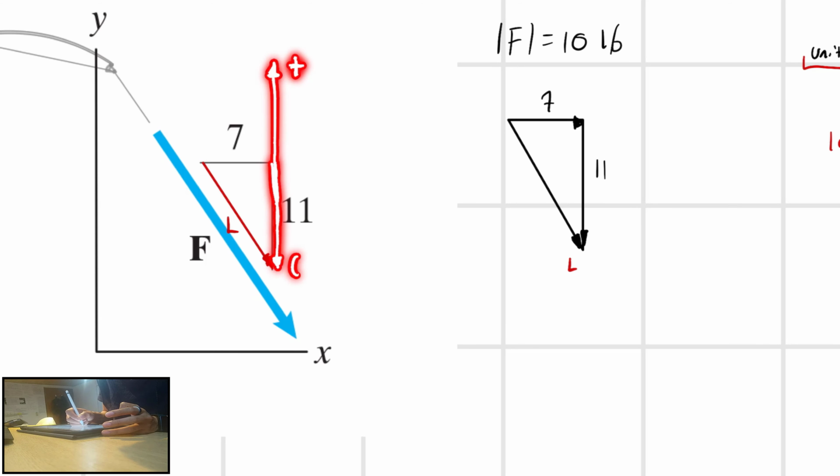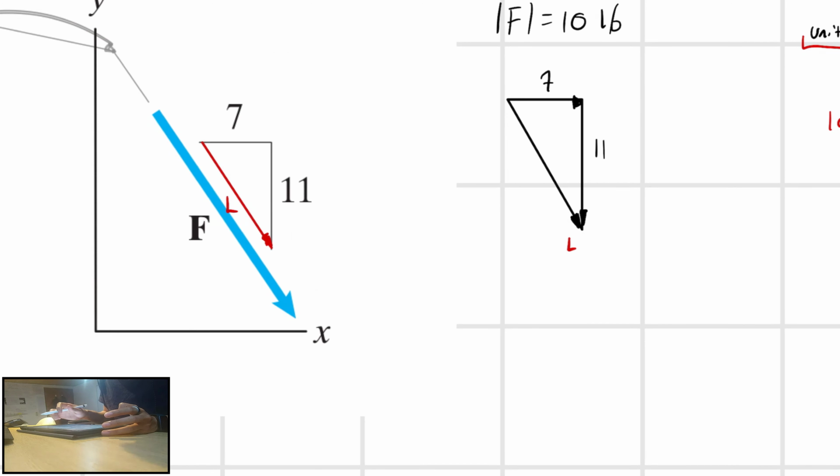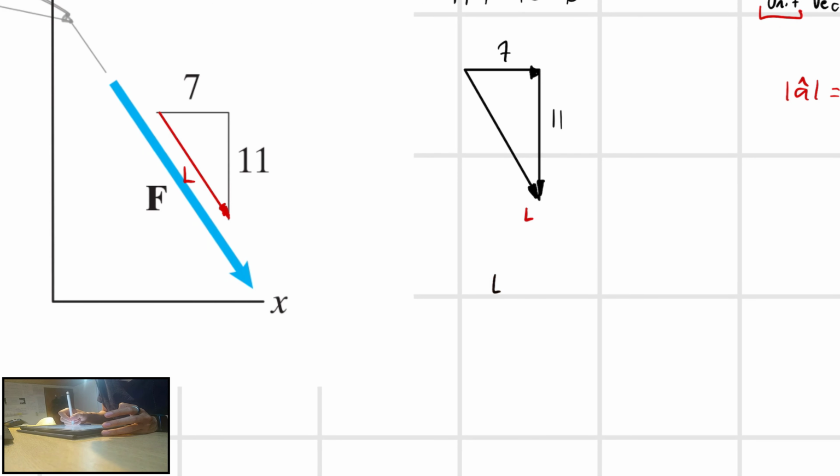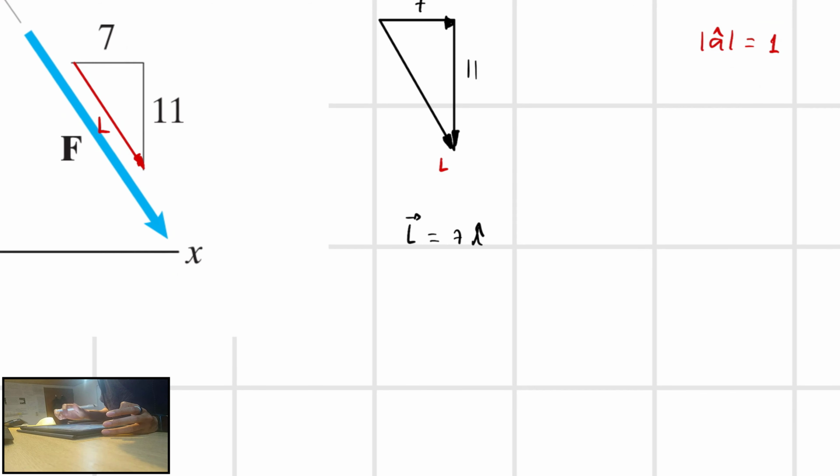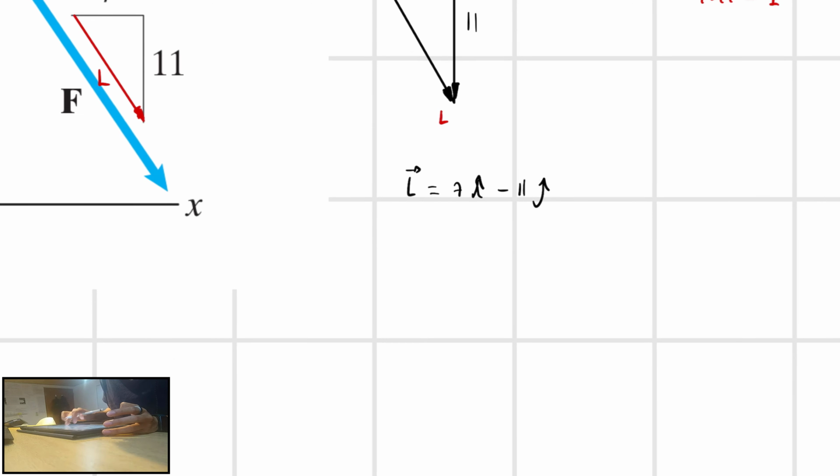So the components of the vector L are 7 units positive along the i direction minus 11 units in the j direction.